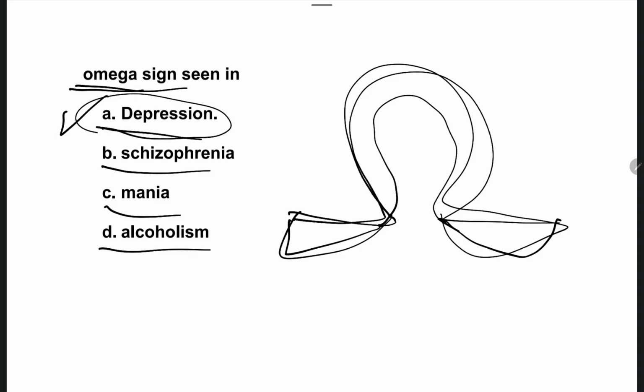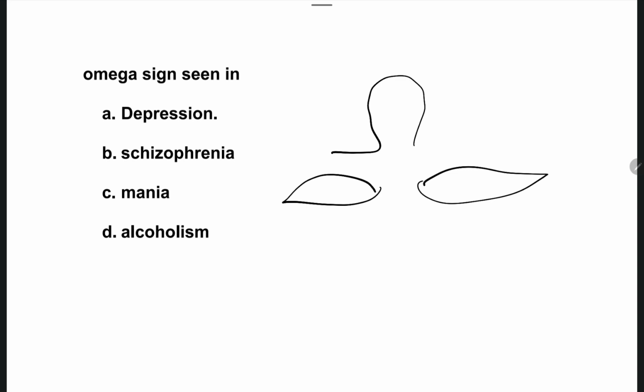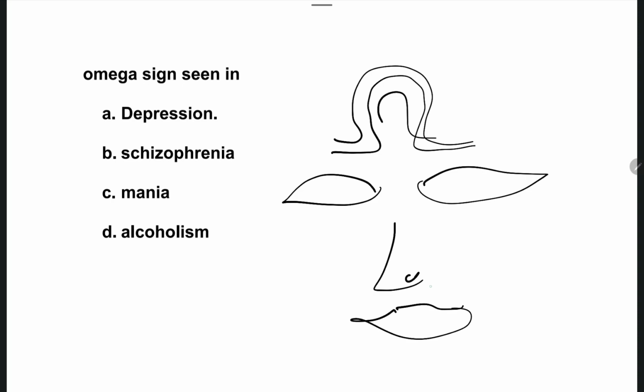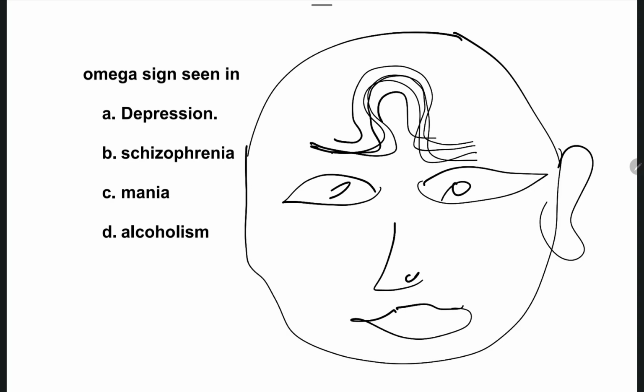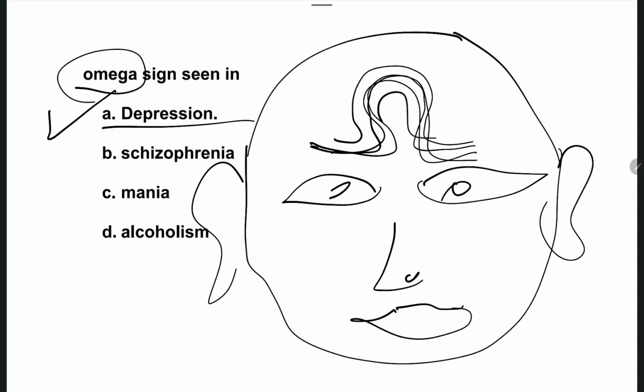When the person is in severe depression, we can observe this kind of foldings on the forehead. This is the nose, the lips and eyes, and this is the forehead. So we can observe the omega sign here. In a depression patient, the person will have the omega sign. The right one is option A, depression.